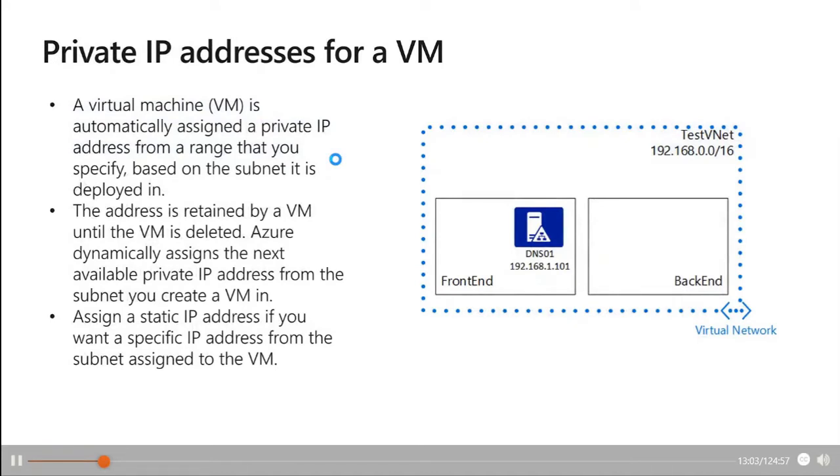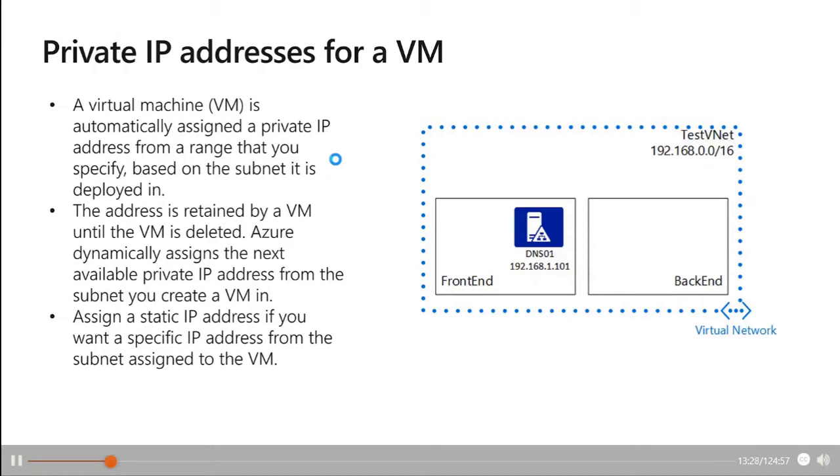So, private IP addresses for a VM. As you can see here, I have a virtual machine. I have an automatically assigned private IP address from the range of the subnet that I chose to deploy my virtual machine in. This address is then retained by the VM until I delete the VM or I deallocate the VM.